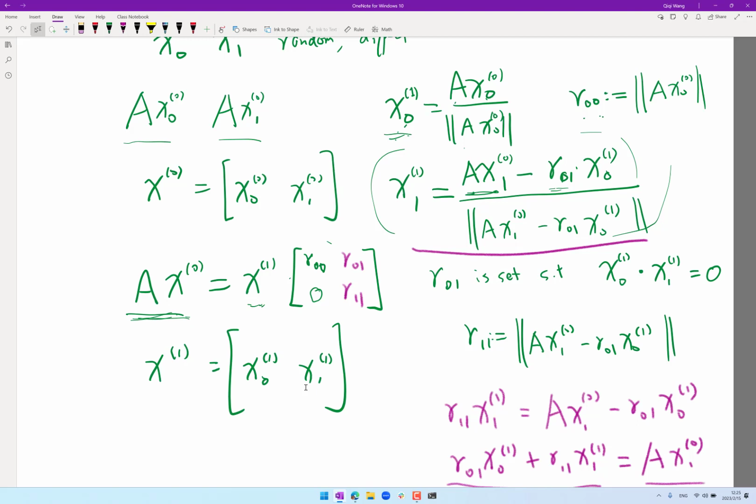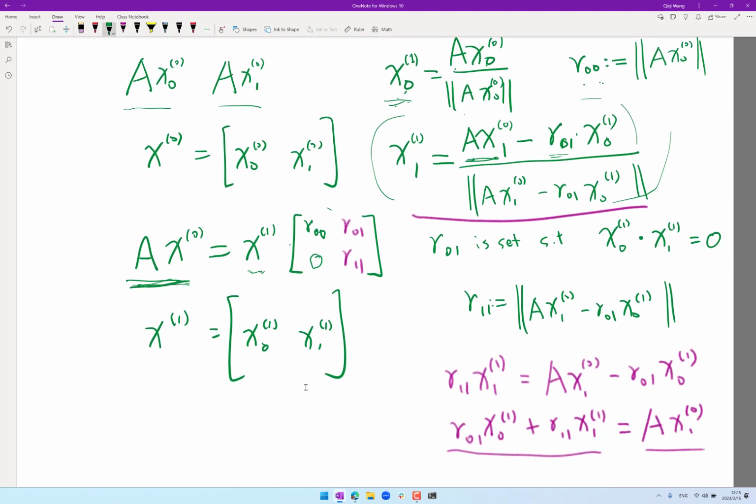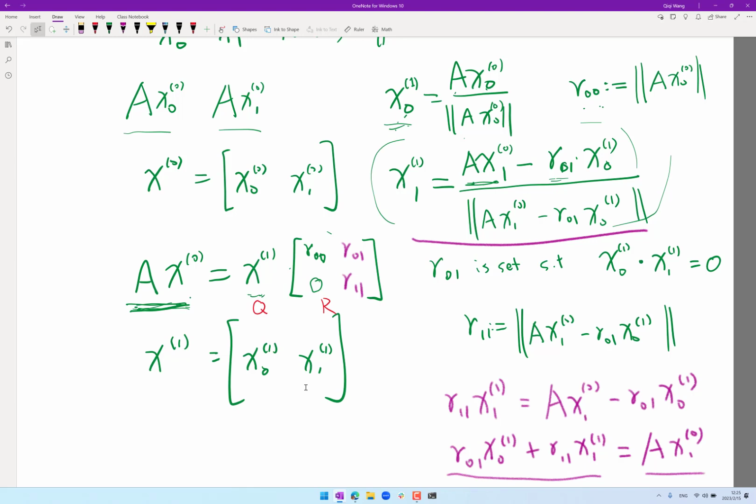So this is equivalent to computing A times X0 and then performing a QR factorization of the product, right? So basically, this is like the Q, this is like the R. So if you perform a QR factorization, it is equivalent. Actually, the Gram-Schmidt orthonormalization is one way of computing the QR factorization of a matrix.